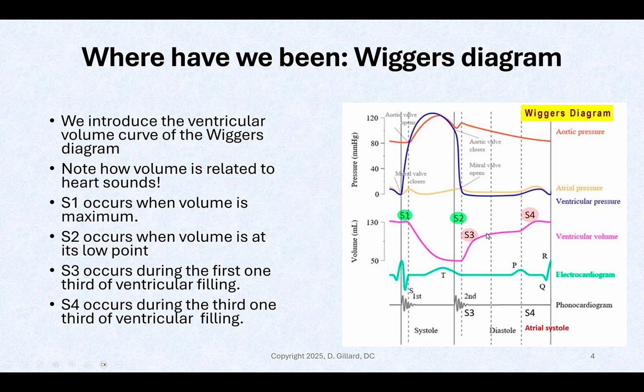The first third is the rapid filling phase, and if you're going to hear an S3 heart sound, this is where it's going to occur. Then we have the second third, and the third third, that's where ventricular systole occurs. And if you're going to have a pathological S4 sound, it's going to be in this last third of the filling phase of the cardiac cycle.